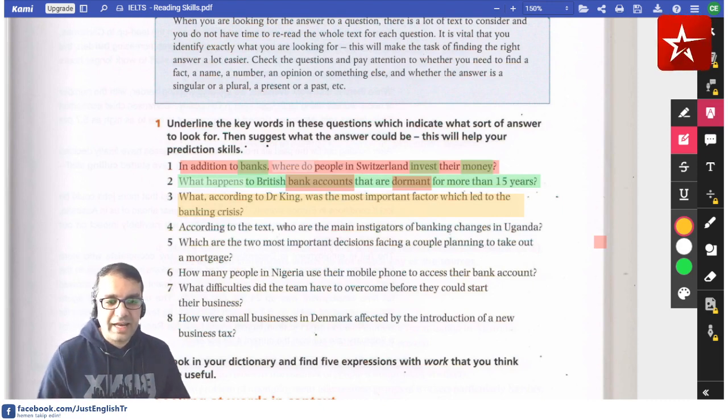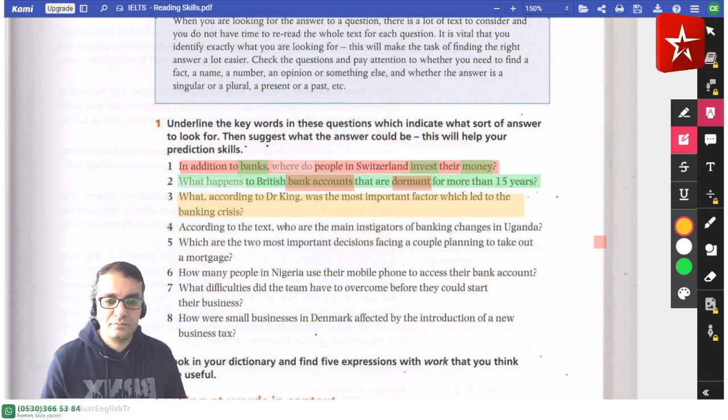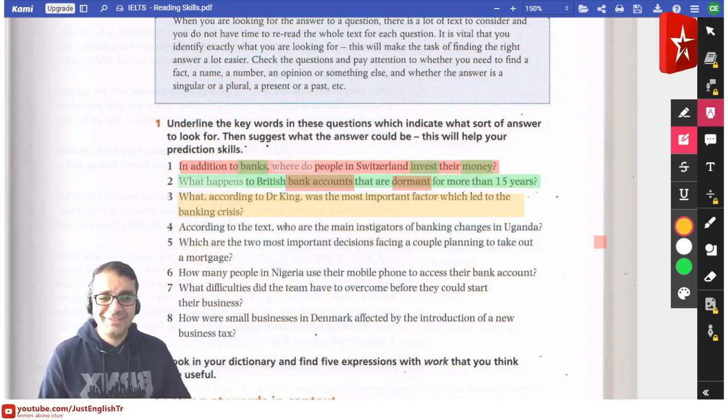What is the keyword in number 3? Any answers, folks?